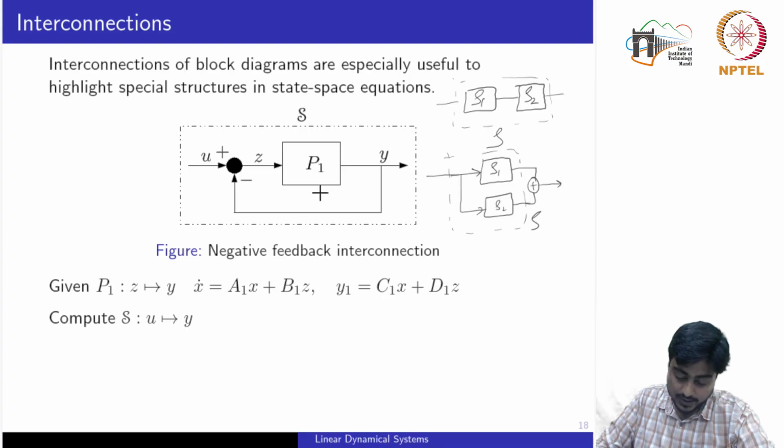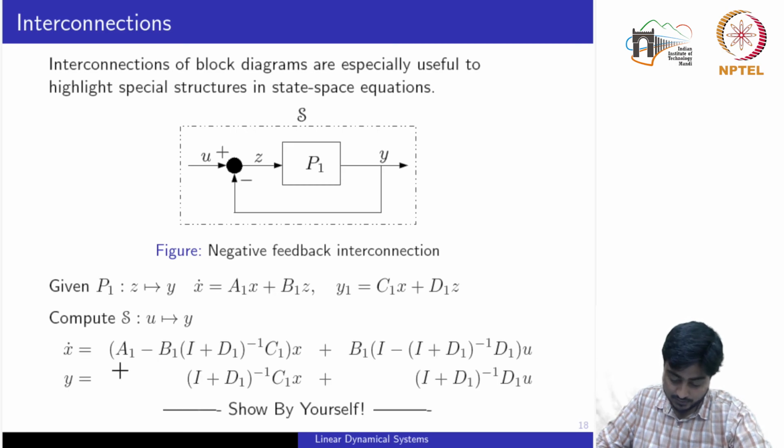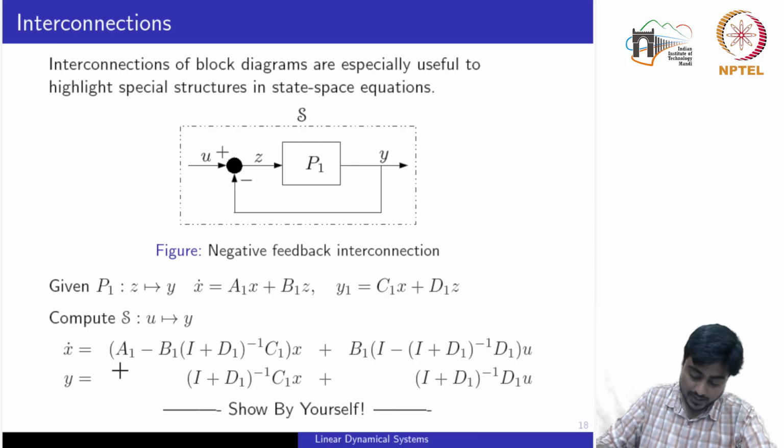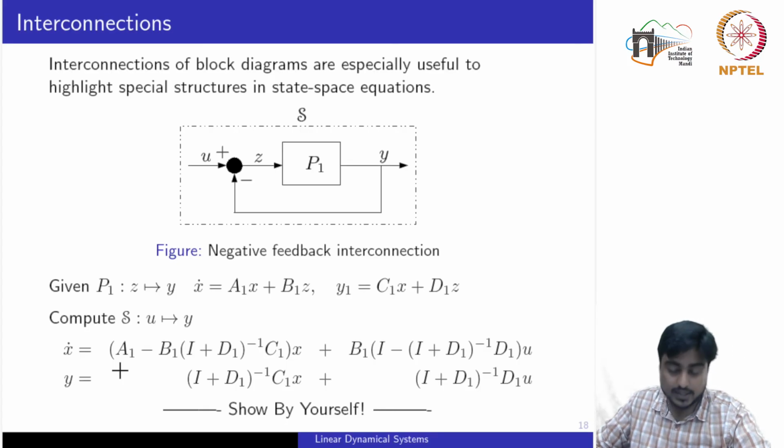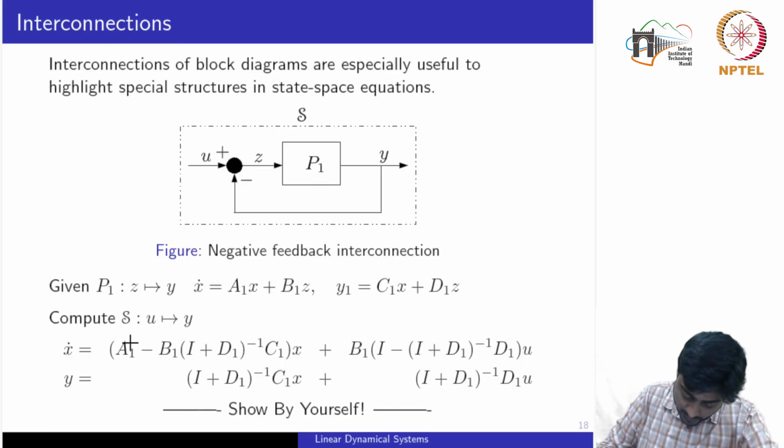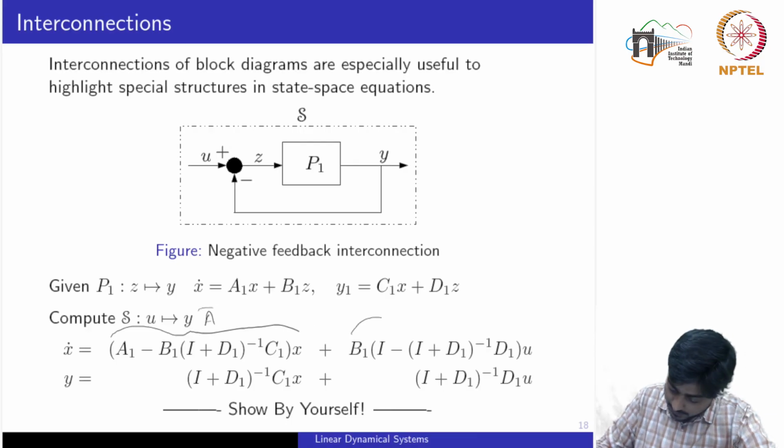Now we need to compute the S, which is the mapping from U to Y. So solving this state space representation, we finally obtain this state space representation of the entire system. Now we won't be discussing in detail how we have obtained these. So you could define that this is A bar, this is B bar, let's say D bar, and C bar.